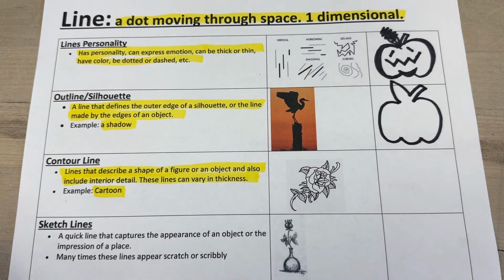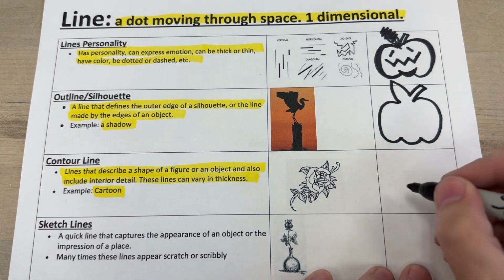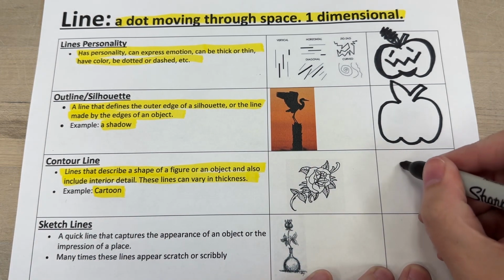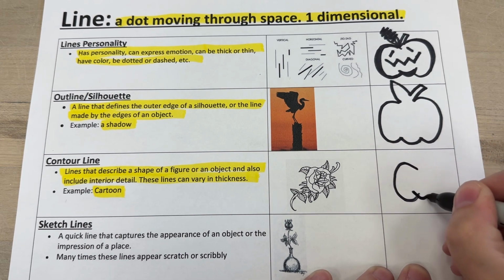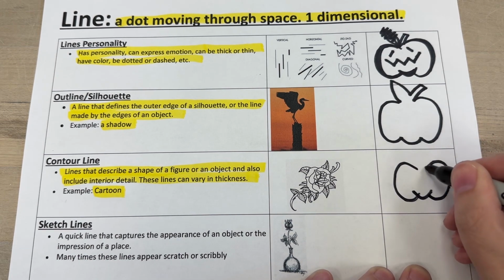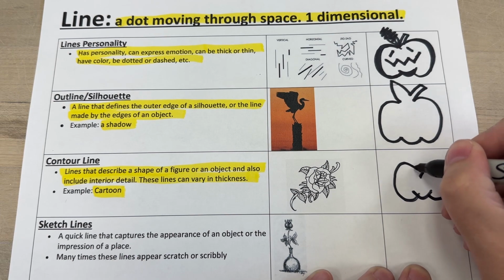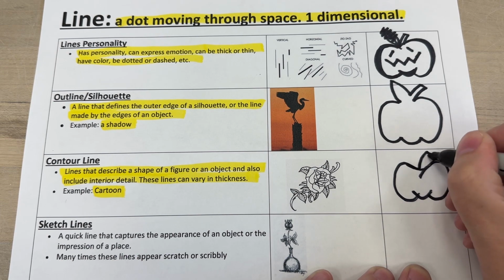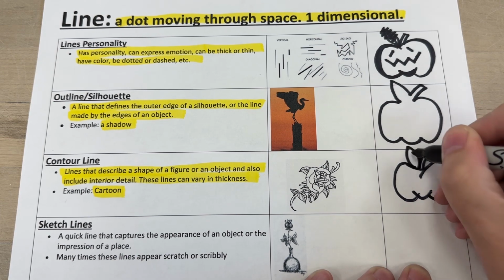So if you're drawing a cartoon of a person, it's going to look different than if you sketch out a person. So if I did the contour line of an apple, then it's going to look more like that first one that I drew, where it's going to have more detail. There's going to be stuff on the inside, right?